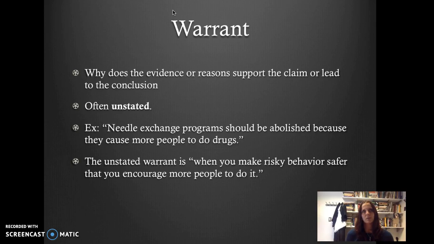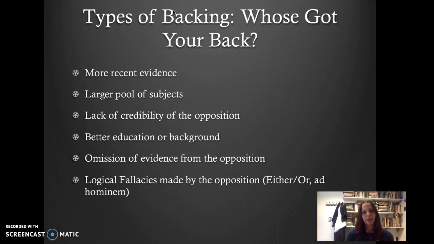So some people may have a value on this situation with the case of reparations, that there is a moral imperative to do something here, where other people may not feel that there is a moral imperative. Okay. So the types of backing: you can show weaknesses or strengths in arguments by how large the pool of subjects was for a study, by the credibility of someone, by something that they omitted, or by this evidence being more recent.